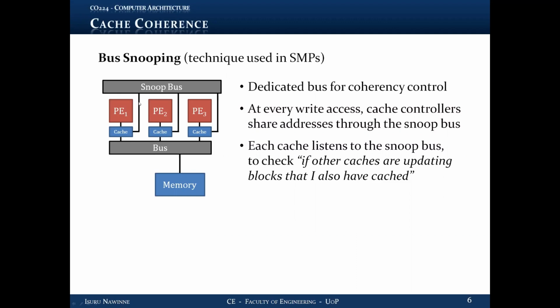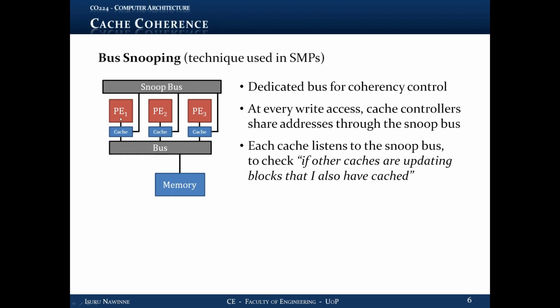Say, for example, in our previous example, processing element 1 performed a write to memory address X. Whenever such a write happens, in addition to the usual memory operations, whatever the write policy is, the cache controller shares the information through the snoop bus with the controllers of the other caches in the system.